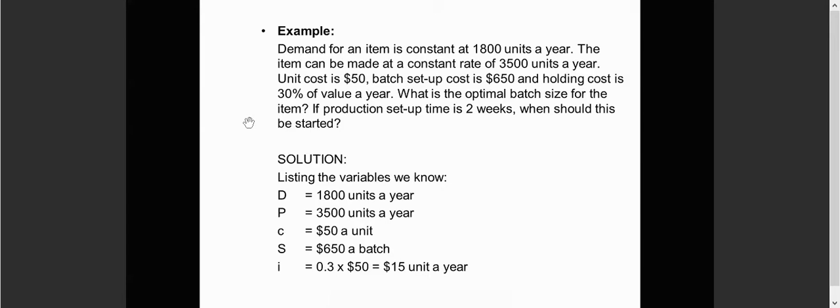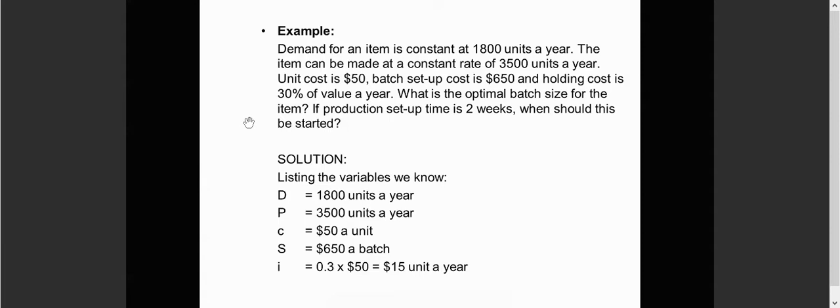So, based on the problem that we have here, we need to understand whether to use the production order quantity model or to use the economic order quantity model, EOQ.